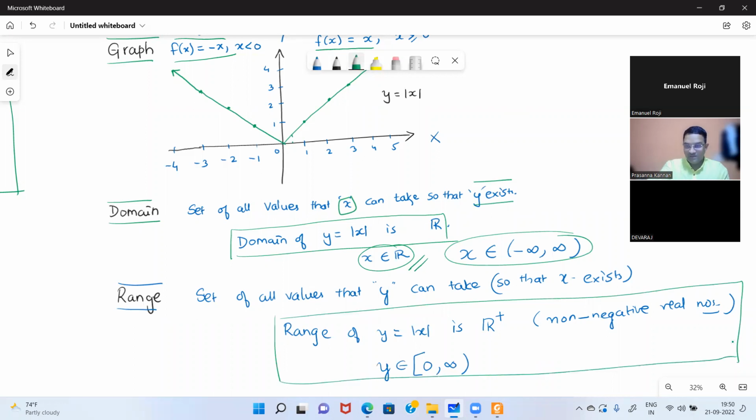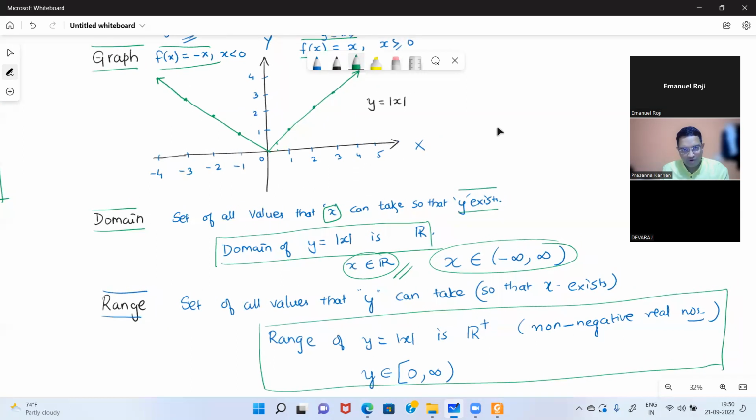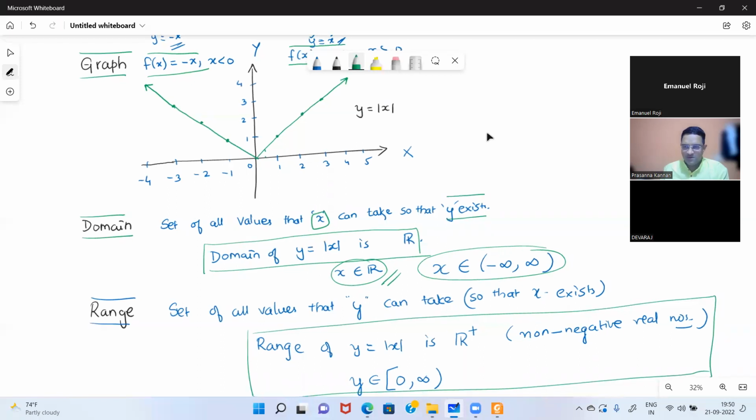Is this clear to you? Yes, this is important. The mod x function is important throughout your first PU as well as second year, and competitive exams also.